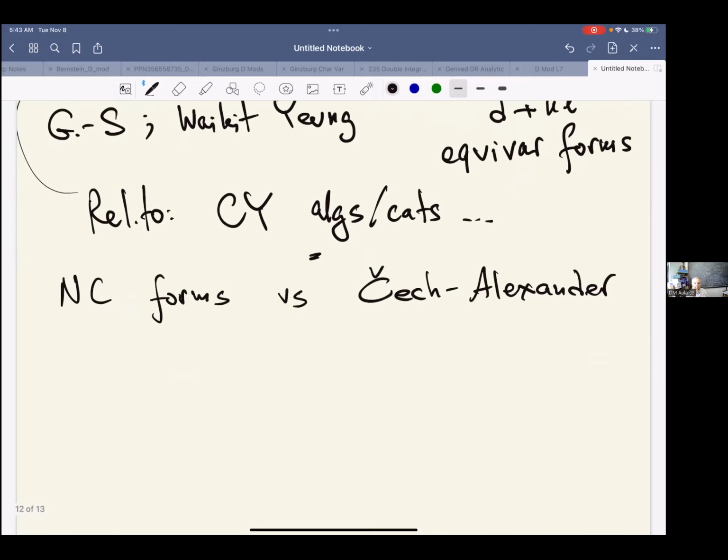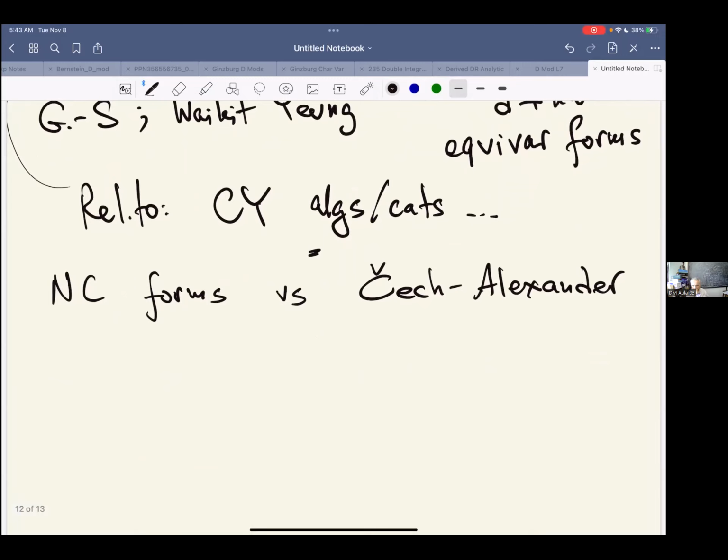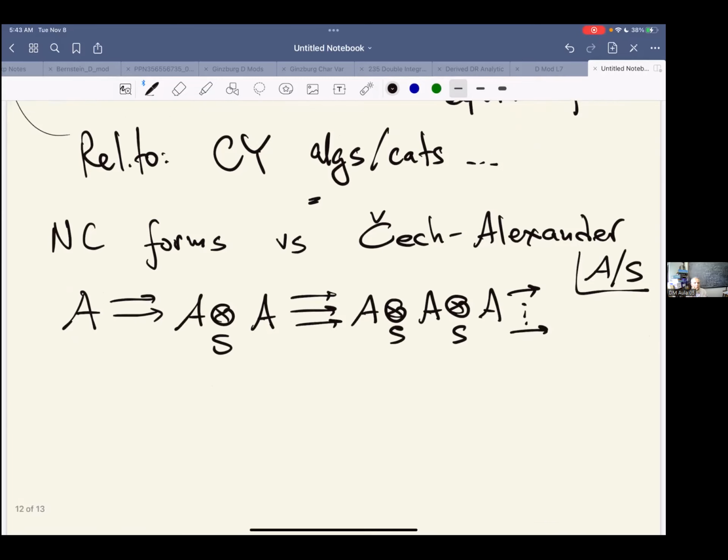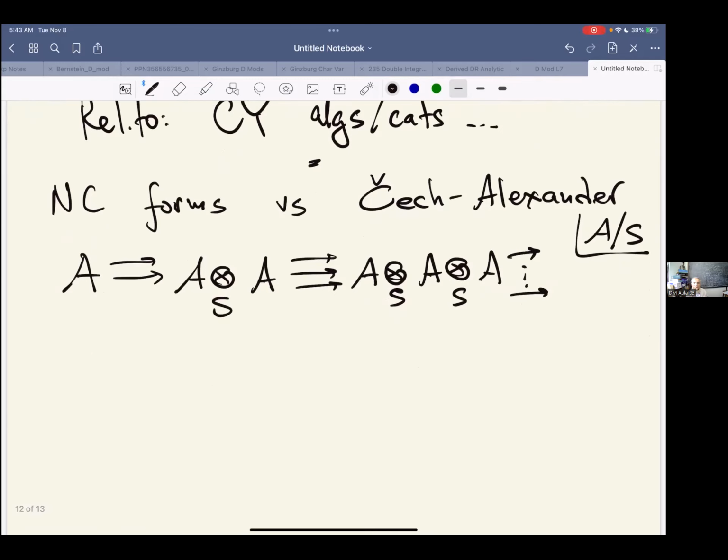Okay, now for the remainder of my time, let me try to point out another thing that... non-commutative forms versus Cech-Alexander complexes. What's the Cech-Alexander complex? If you have an algebra, maybe more indicative to write S instead of K. I don't know why.